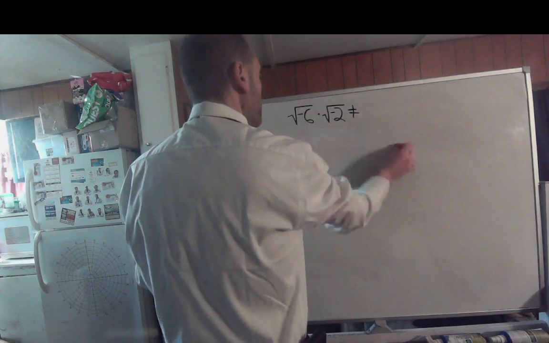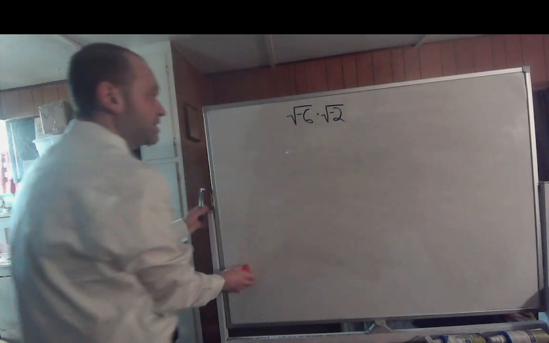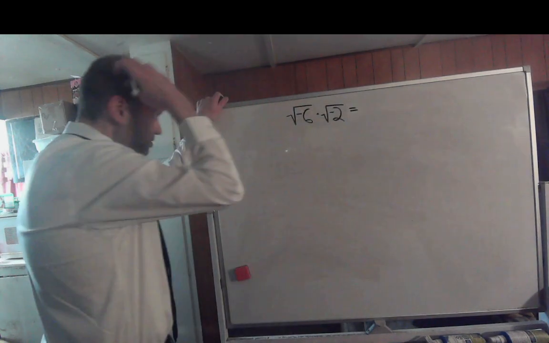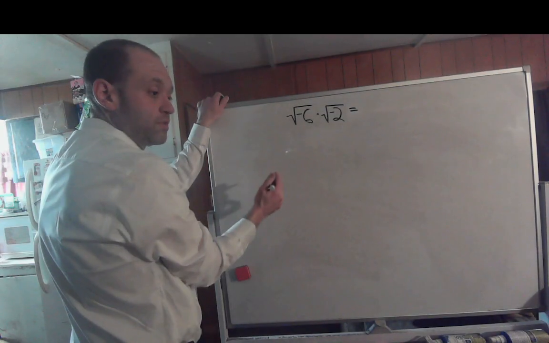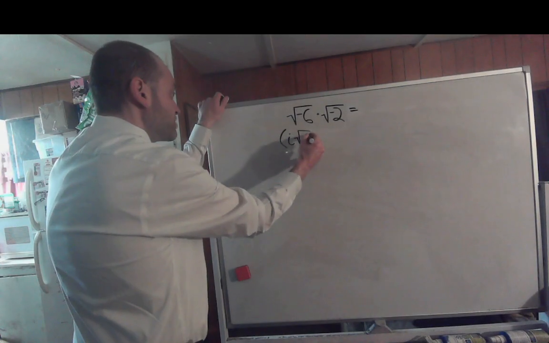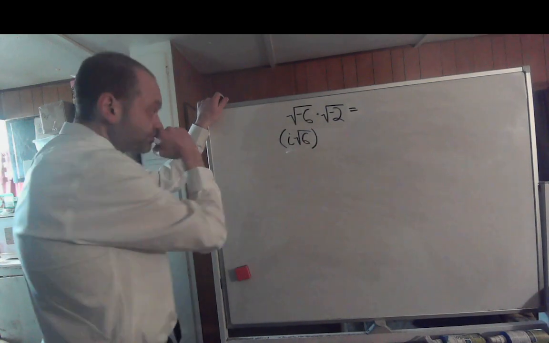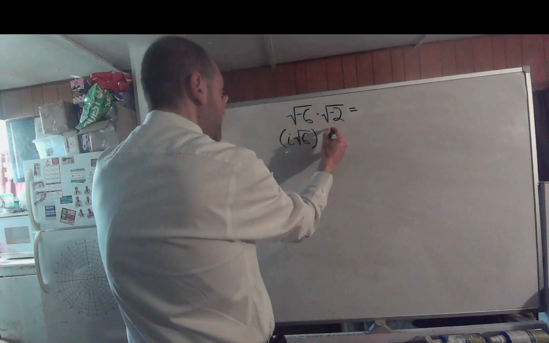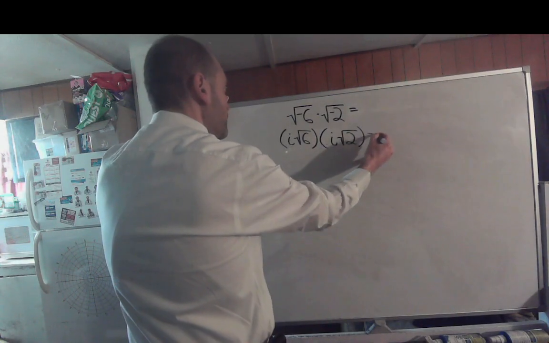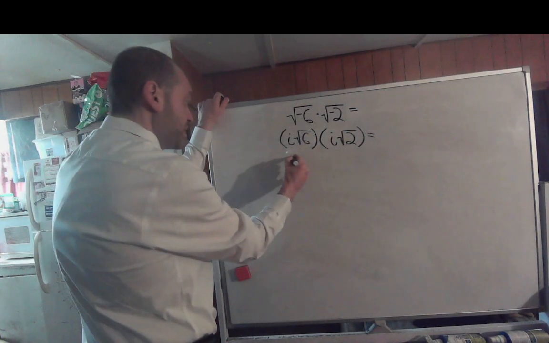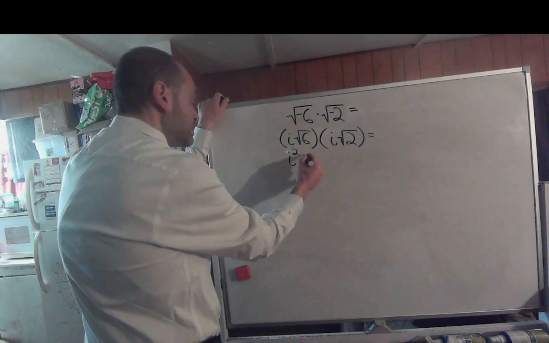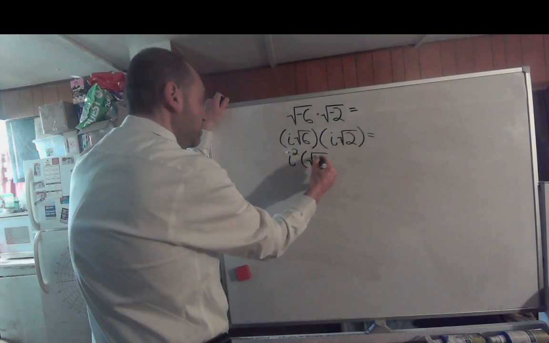Alright, so it's important to understand what exactly is going on here. So let's break this down. Let's take your first one, the square root of -6. Well, that's the same as i times the square root of 6 times i times the square root of 2, which is going to end up giving you i squared times the square root of 12.